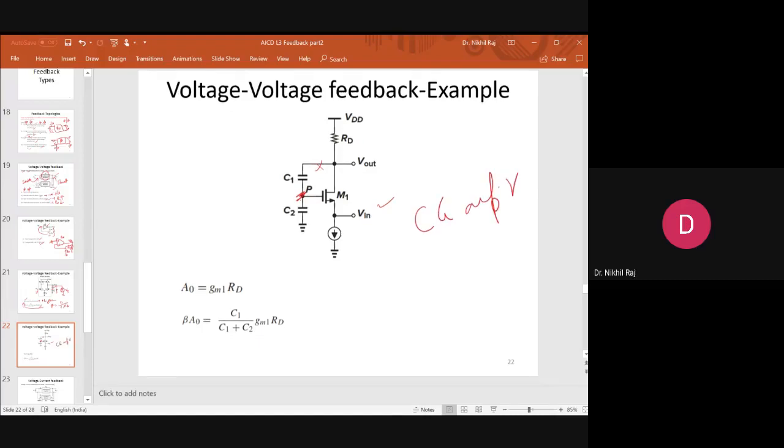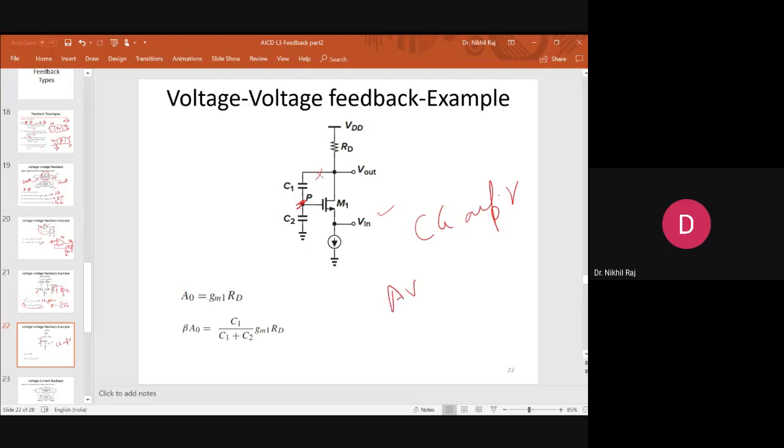Now if you recall your common gate amplifier, what was the gain? The gain was given by plus Gm into Rd. So input was here, so plus Gm Rd was the gain of the common gate amplifier, that is called your open loop gain.